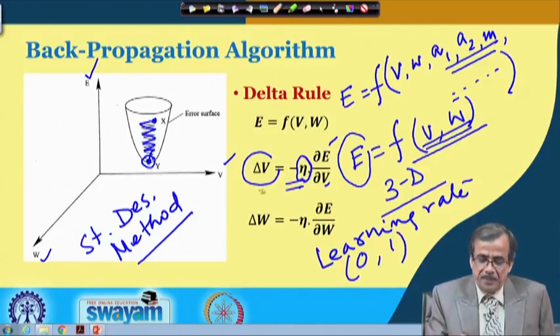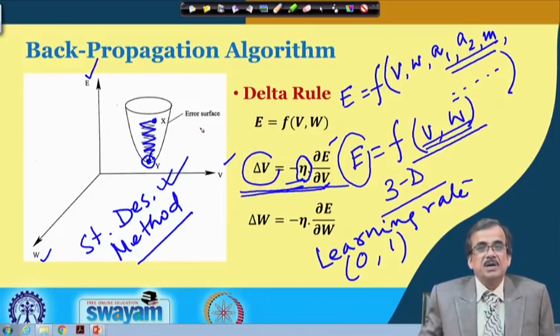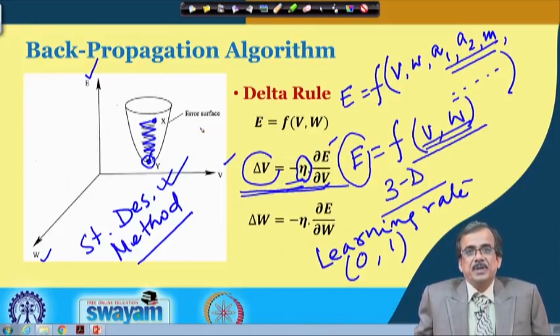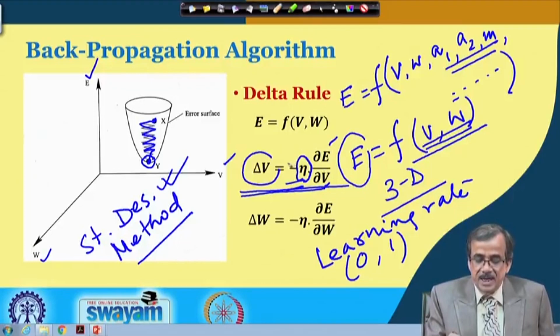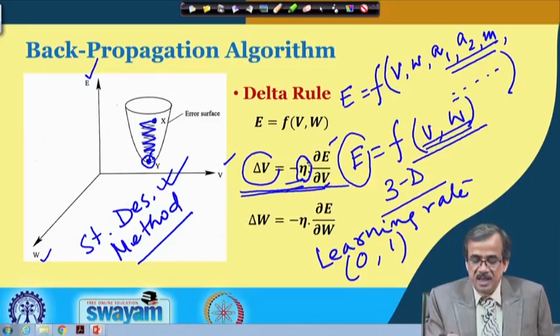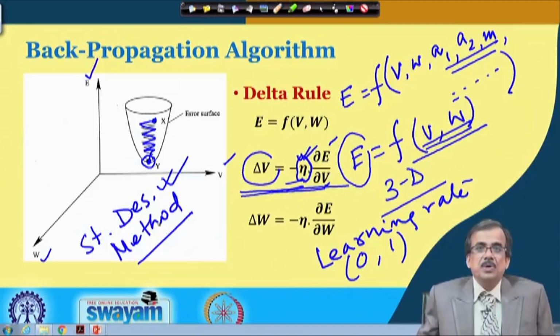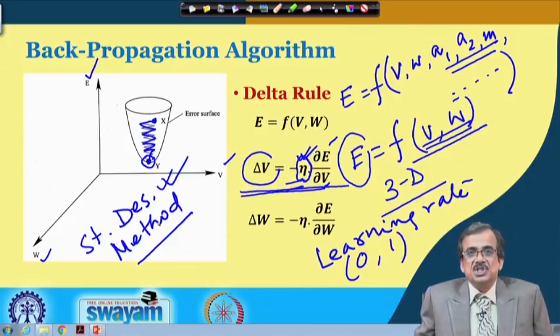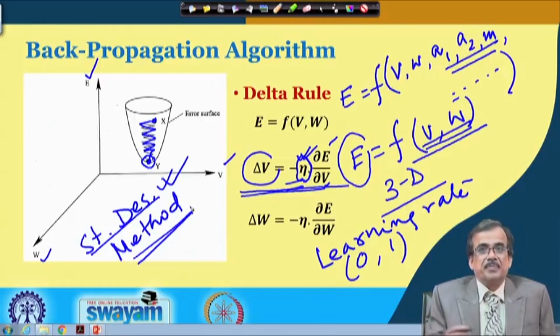Now, if I compare this expression with the expression of the steepest descent method, the search direction is decided by minus del E del V, that means I am moving in a direction opposite to the gradient. And this eta, that is the learning rate, is going to represent the step length of the steepest descent algorithm.